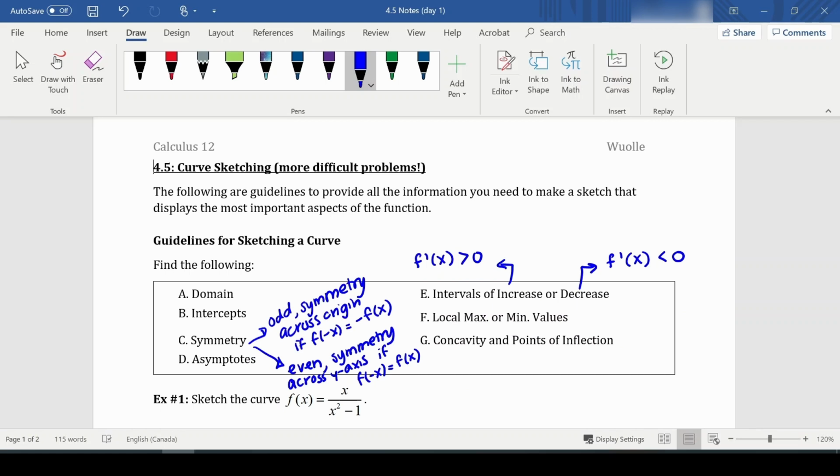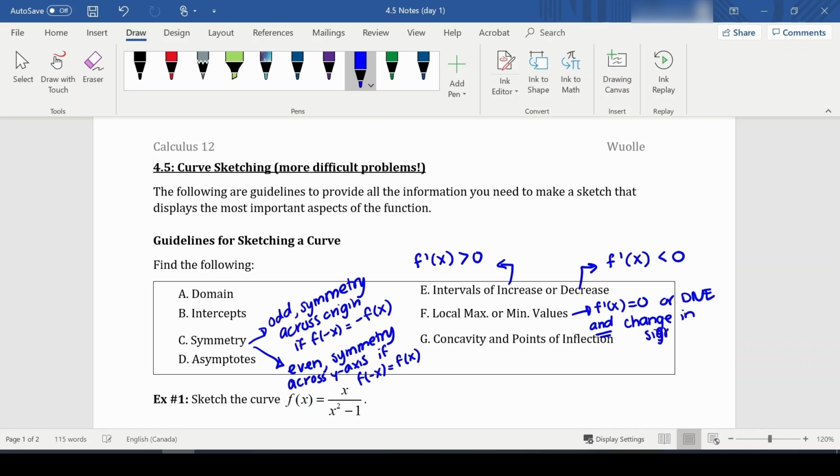So a max will be a change in sign from positive to negative, and a minimum will be a change in sign from negative to positive. So f prime equals 0 or does not exist, and change in sign of f prime.